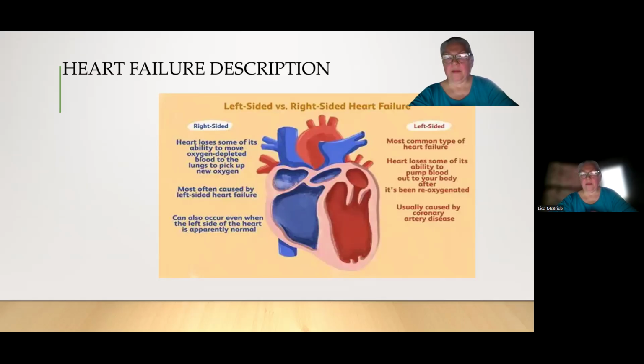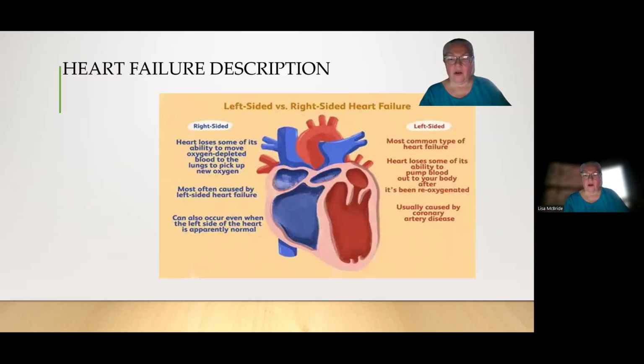We'll see patients' weight go up. We'll see tissues that are getting boggy with fluid because fluid is not returning back to the heart where it can get offloaded and into the kidneys, and the kidneys are getting overtaxed.